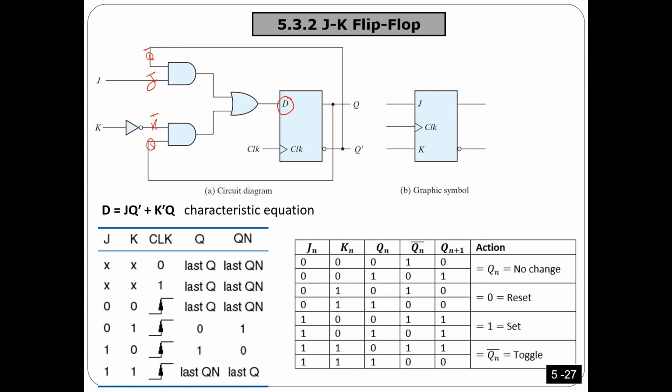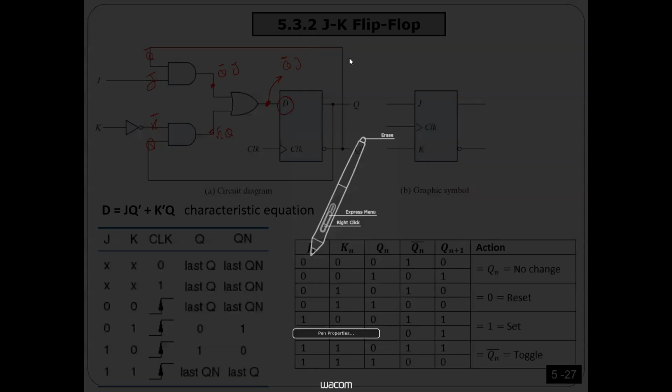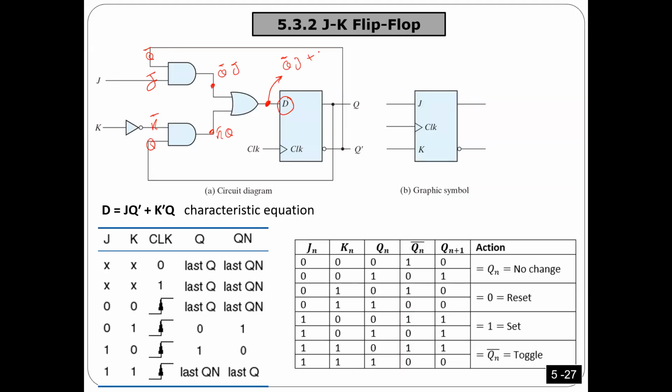Is that okay? And then here we're going to have Q prime J, and here K prime Q. And then at D here is actually Q prime J or K prime Q. Okay, and as you know, Q of T plus 1 equals D of T. Is that right? Yes.